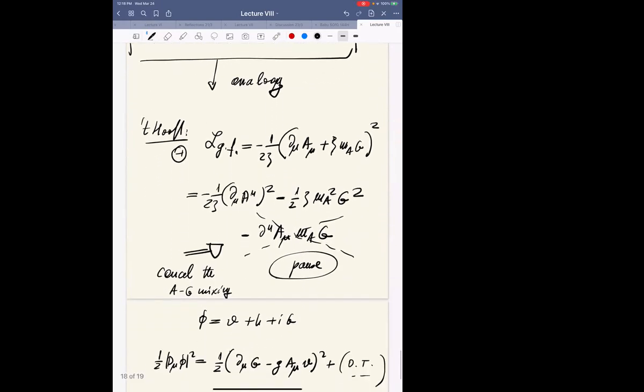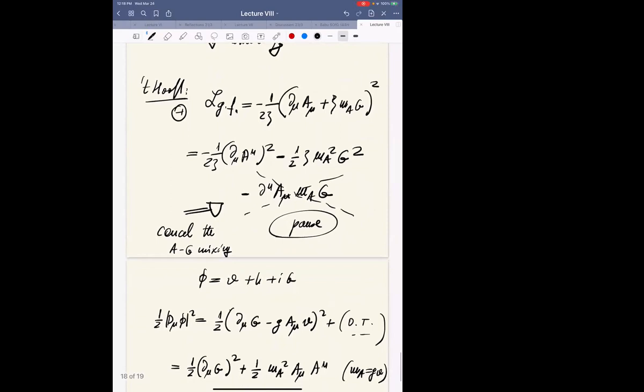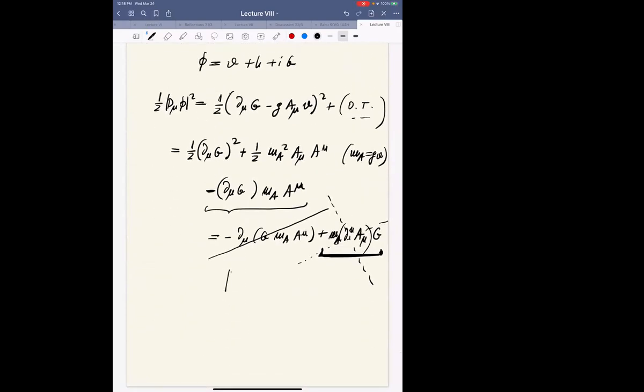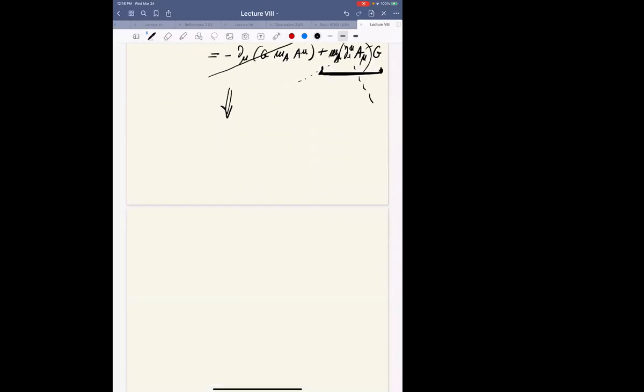Okay, so see what we achieved. See, cancelled, we got rid of that. So what we have, in other words, we are talking about the free GA system. I didn't look at the interaction. I have to find the propagators, okay, the quadratic form. What do I get?